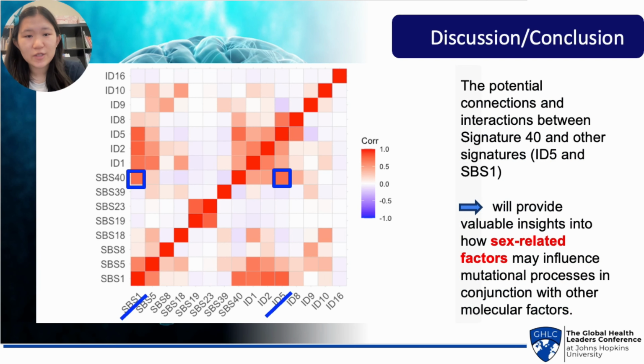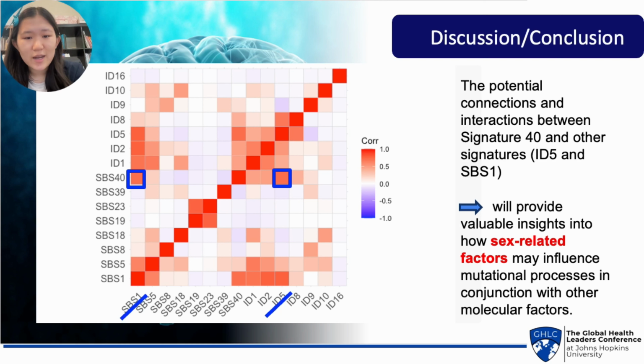And the figure shows a strong correlation between signatures SPS40 and others like ID5 and SPS1, as evinced by the more reddish color. So this study suggests the importance of conducting further research to explore the relationship between SPS40 that's associated with the sex factor and other factors that are related to ID9 and SPS1.